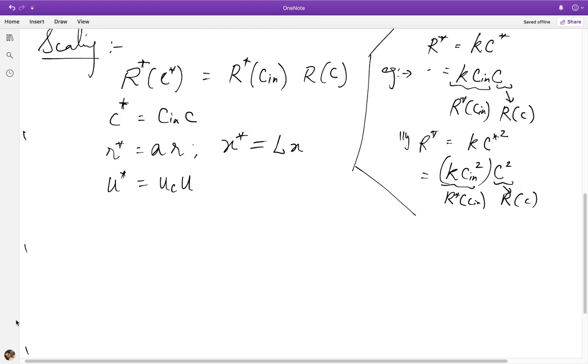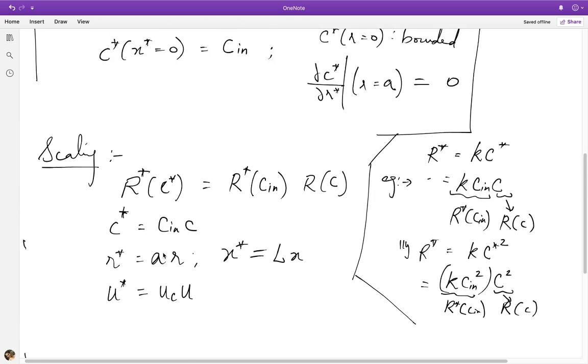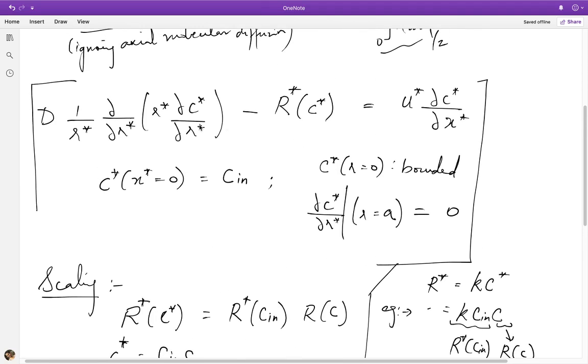Under this scaling, we'll find that we can introduce two non-dimensional numbers. Essentially I'll get diffusivity over a square here. The concentration scale will cancel out from these two terms, but I will have a concentration scale relevant here. So essentially I'll get D times the concentration scale divided by a square over here. I can divide throughout by that term, so I'll get one non-dimensional group here and one non-dimensional group in front of the convection term.